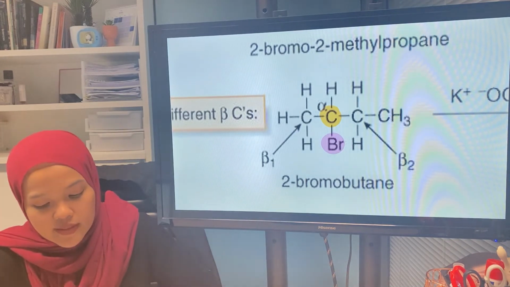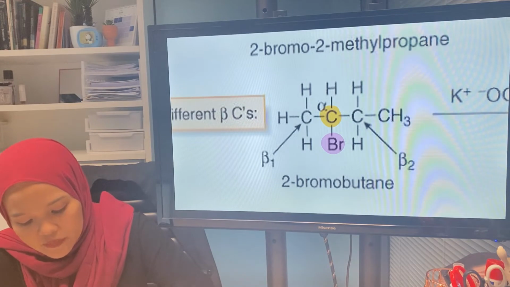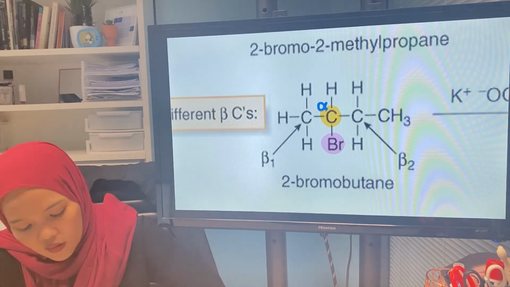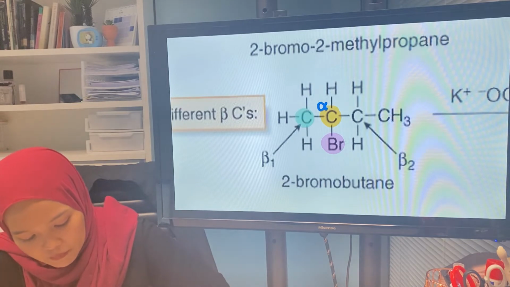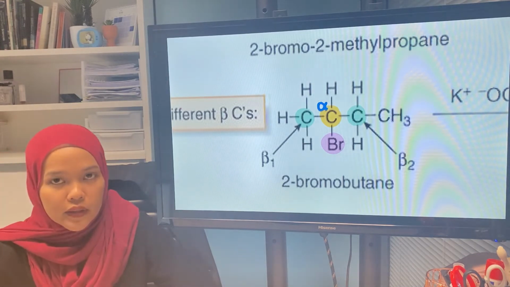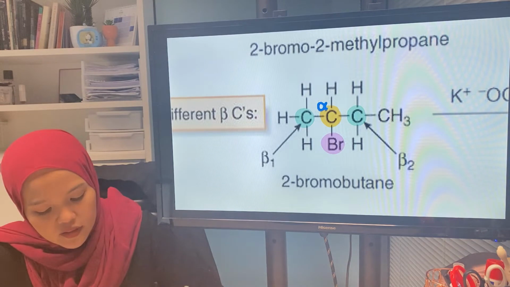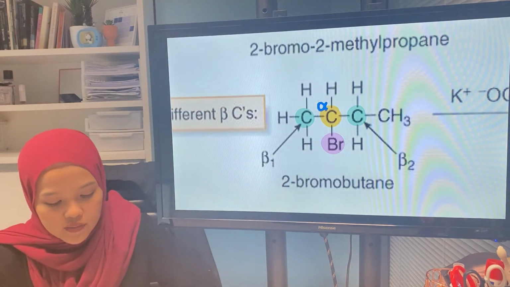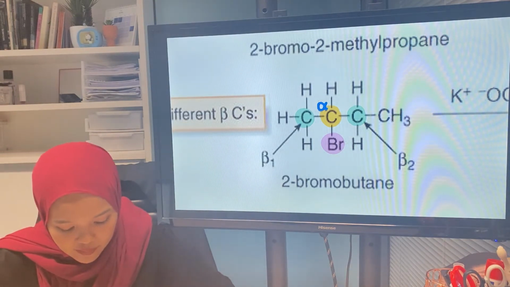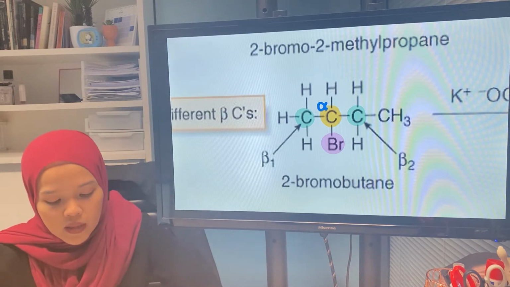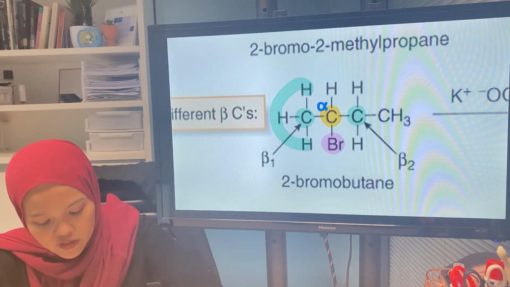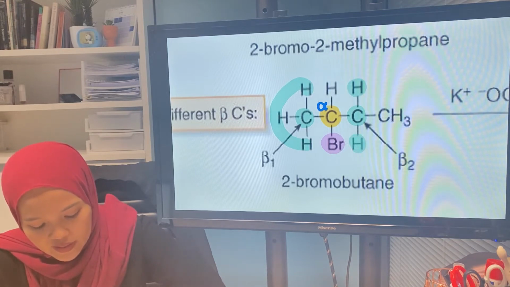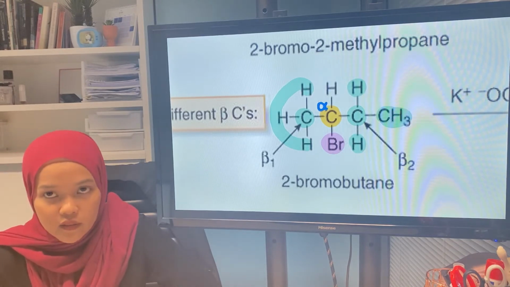Attached to the alpha carbon is what we call the beta carbon. This is also beta carbon. But you see that these two beta carbons are different. So one I put beta 1, another one I put beta 2. Why? Because this one is CH3, this one is CH2, CH3, right?